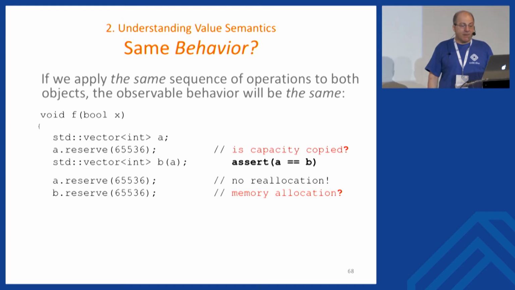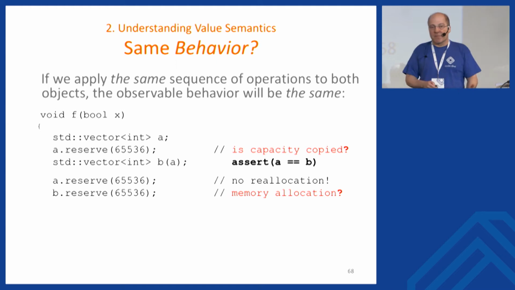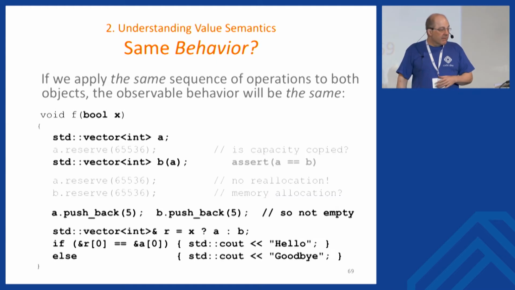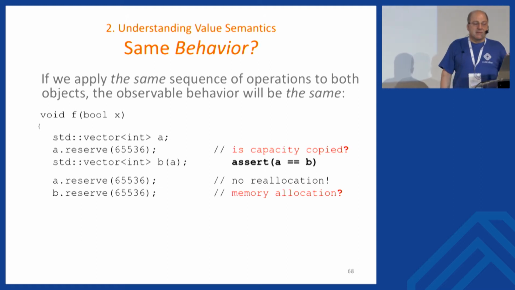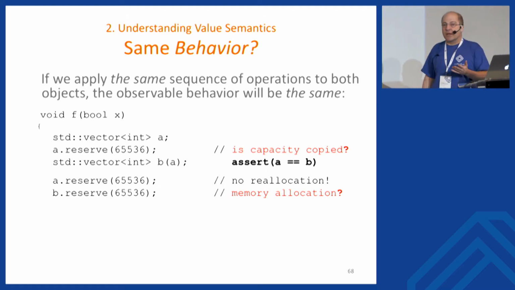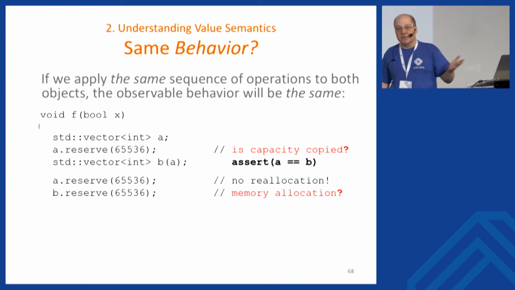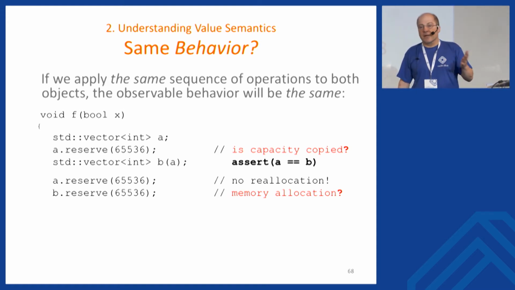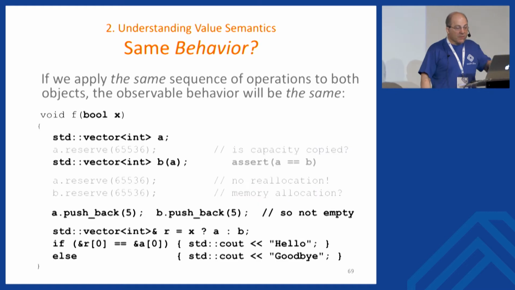We can see examples where I have an object, I reserve some capacity, and then make a copy. Now, one question I would have is, when I copy a vector, do I copy its capacity? Yes or no? Does anybody have an idea? Is it specified in the standard whether I have to do that or not? It's not specified. I just heard that. Okay, so it's not specified.